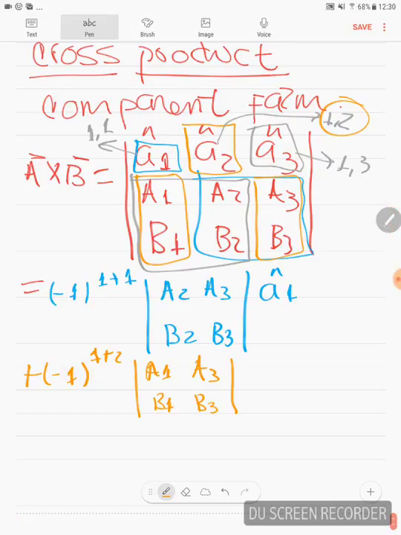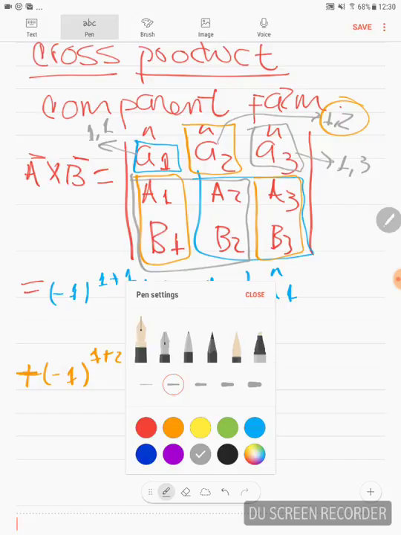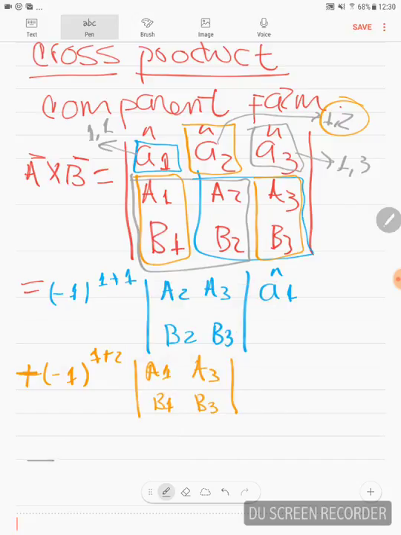So now what we're left with here, let's use color gray to denote the third term, which is plus minus 1 to the 1 plus 3 times the minor A1, A2, B1, B2.